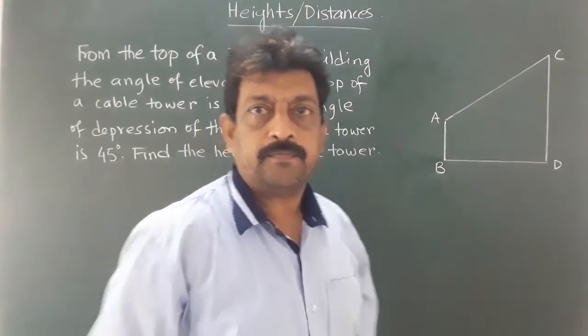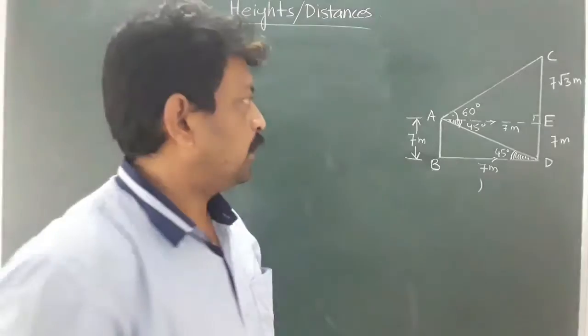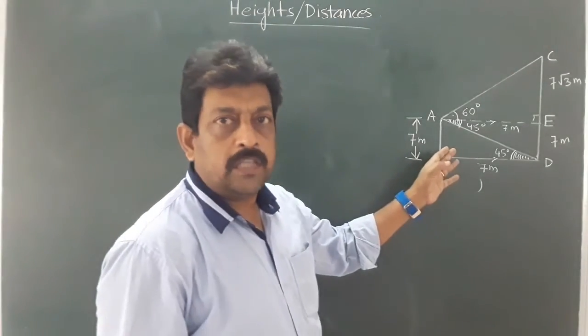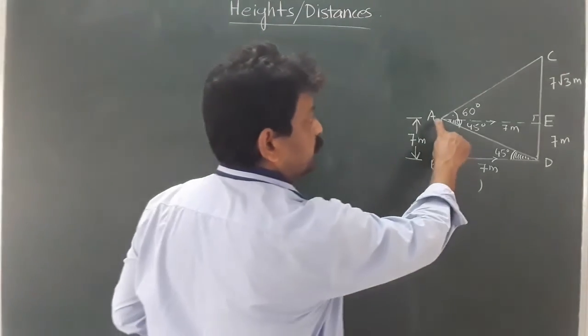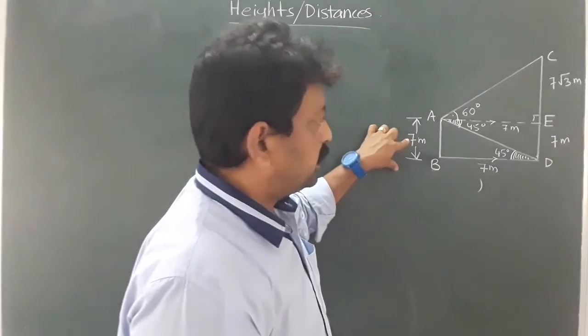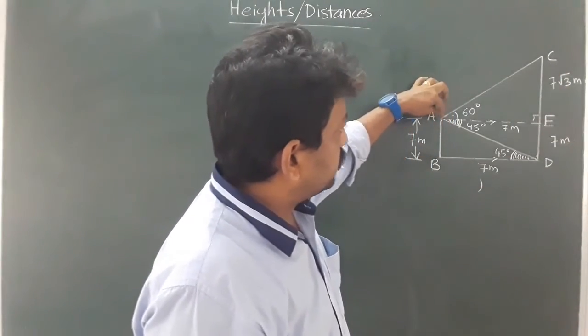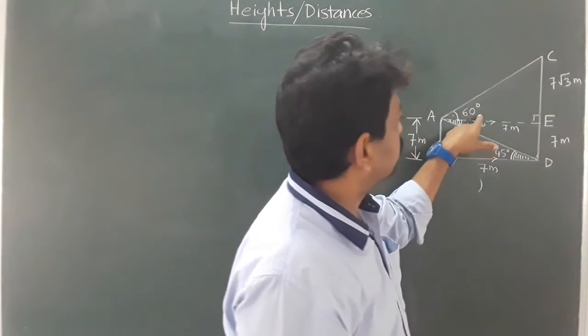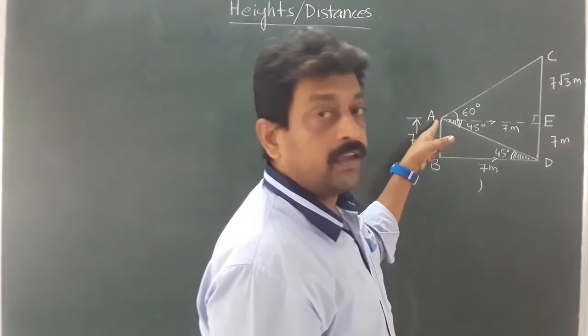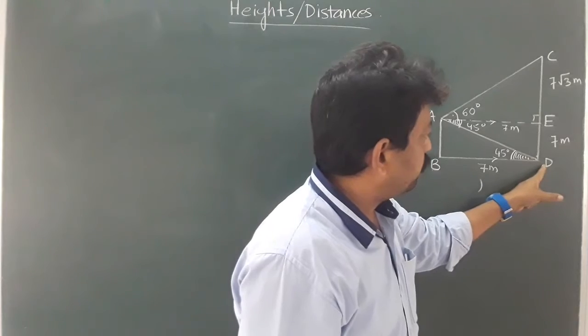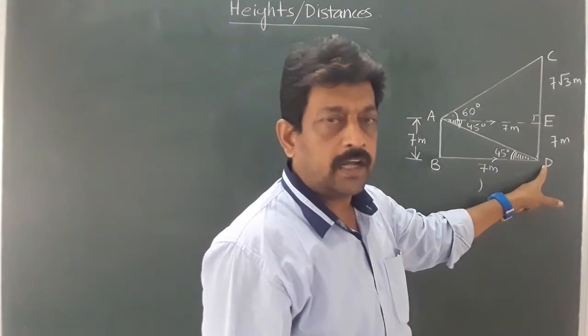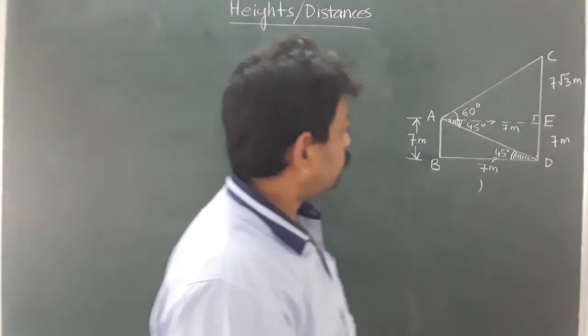Okay, students, so the diagram is ready. Here AB is the building whose height is 7 meter given and CD is the tower. From A, the angle of elevation of C is 60 degree and from A, the angle of depression of D, that is the foot of the tower, is 45 degree.